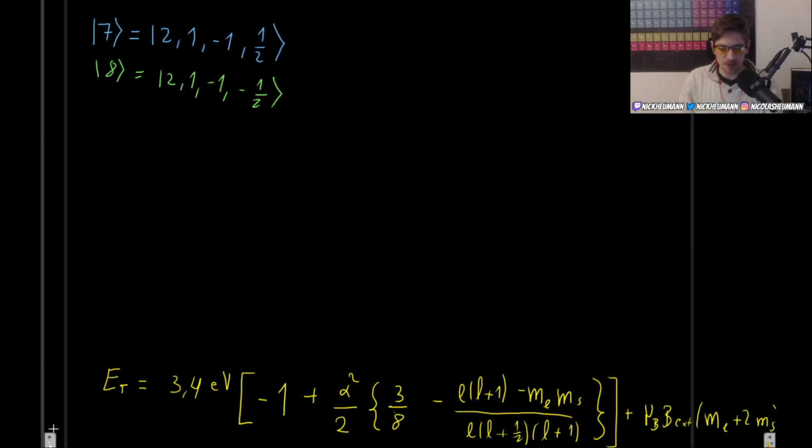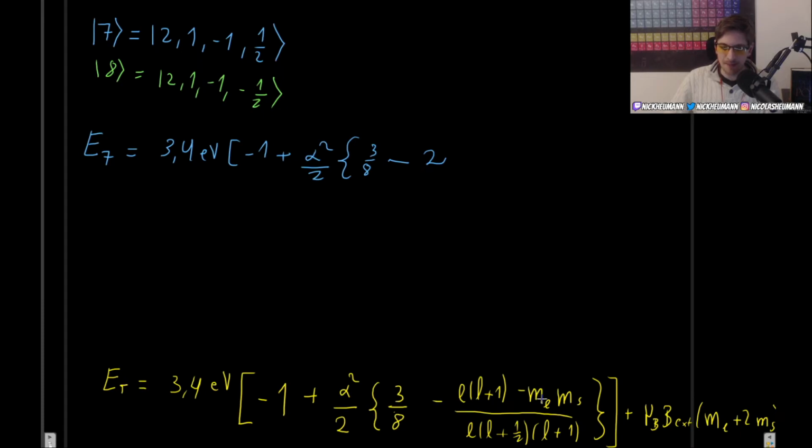Okay, so E7. Here we get 3.4 electron volts, minus 1 plus alpha squared over 2. This is the same as always, 3 over 8. And now comes something that might be a bit different. So we get minus L, once again, is 1, so we get 2.